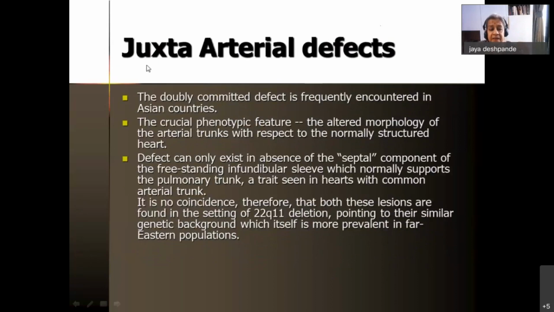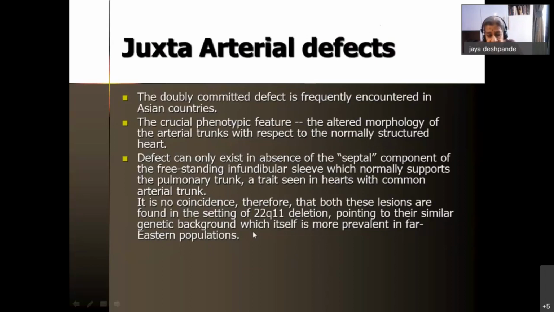Now, the juxtaarterial defects, that is subaortic and subpulmonary defects, are for some reason more prevalent in Asian countries. And as I told you, the septal component of the freestanding infundibular sleeve, which normally supports the pulmonary trunk, is seen in other types of anomalies, say truncus, etc. And all these defects share a common genetic background, that is the 22q11 deletion.